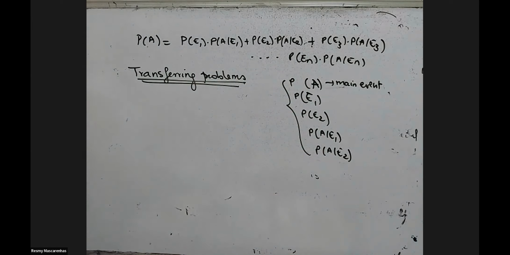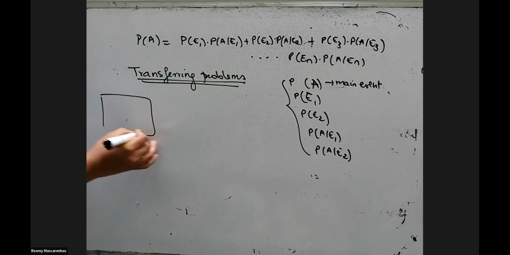Now the first question is a transferring problem. A group contains 4 boys and 3 girls. So there are two groups.